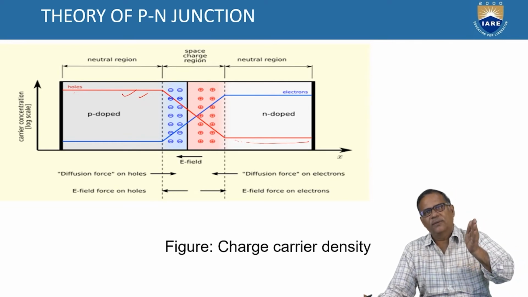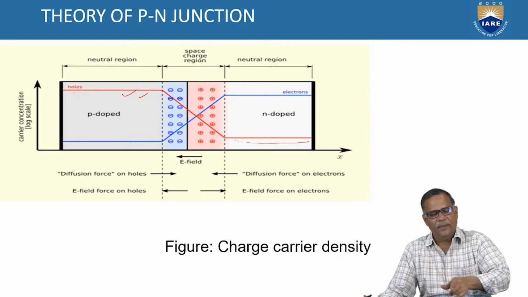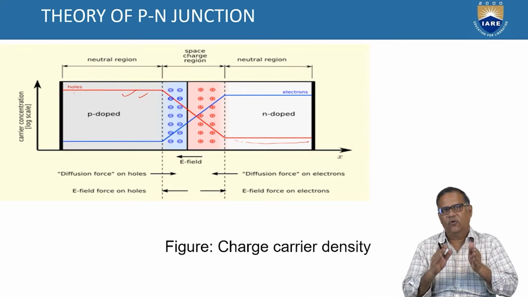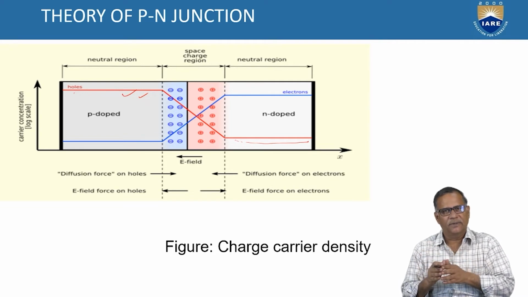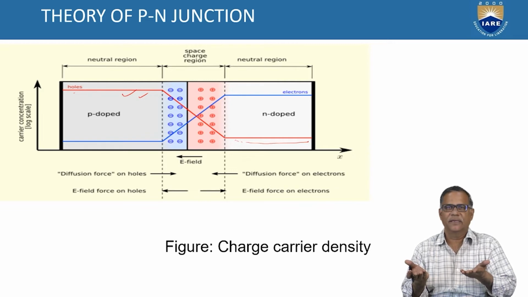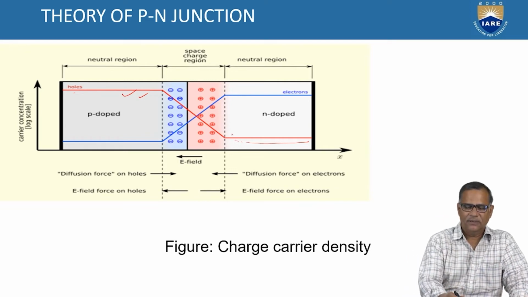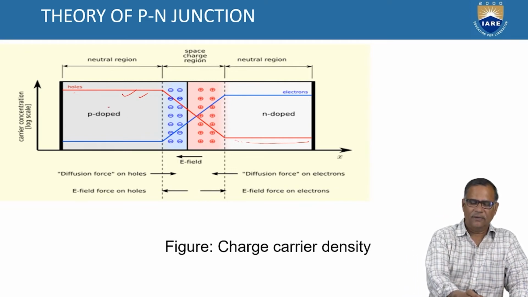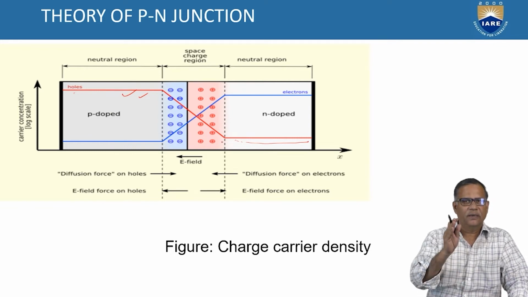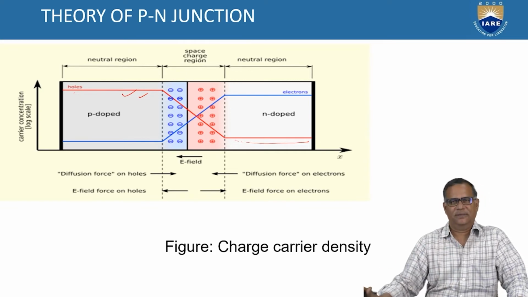As the holes move to the n side, they combine with valence electrons present on the n side. When a hole combines with an electron, the electron-hole pair disappears. Because the holes travel from the p side to the n side, the n-type atoms near the junction lose their electrons.